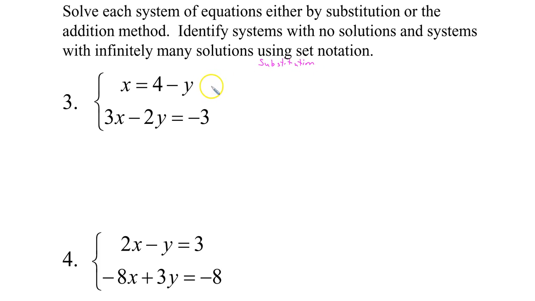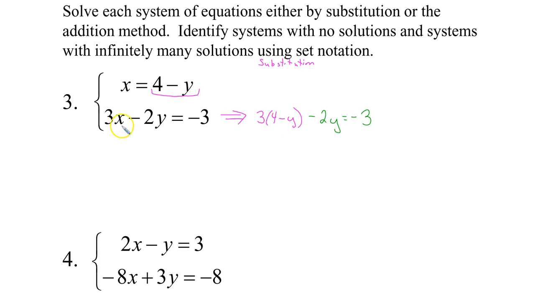I'm going to do this by substituting 4 minus y in place of x in my second equation. So my second equation is going to become 3 times (4 minus y), minus 2y is equal to negative 3.